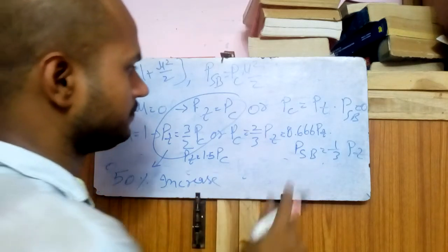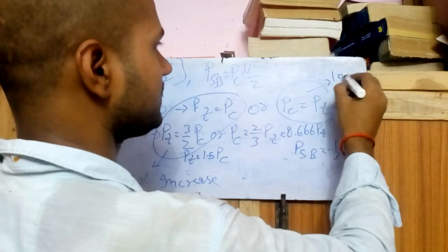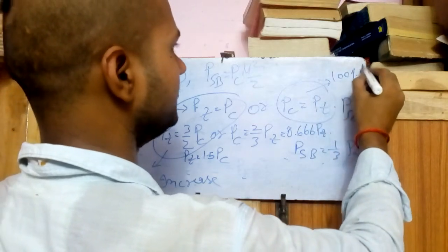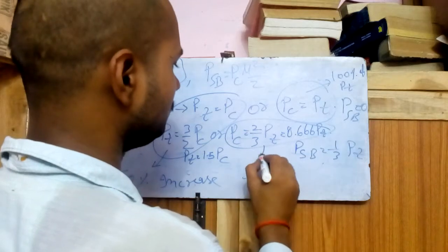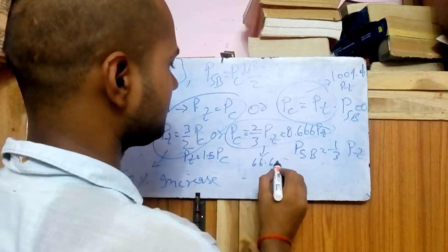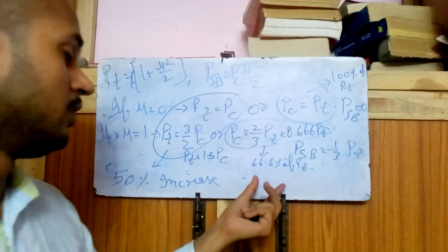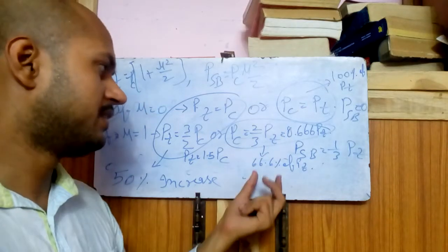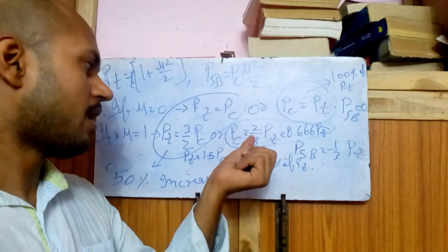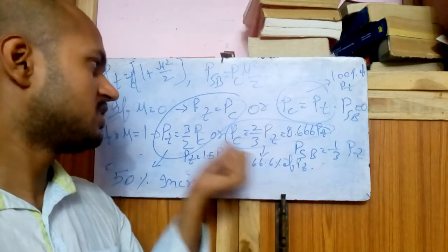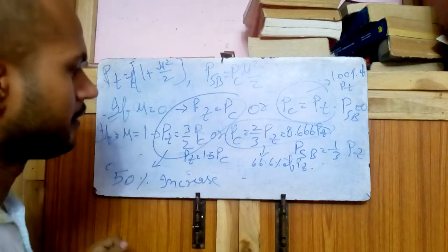And Pc was 100% of Pt, but now Pc is 66.6% of Pt. For efficient power distribution, we want the share of Pc to be as small as possible.